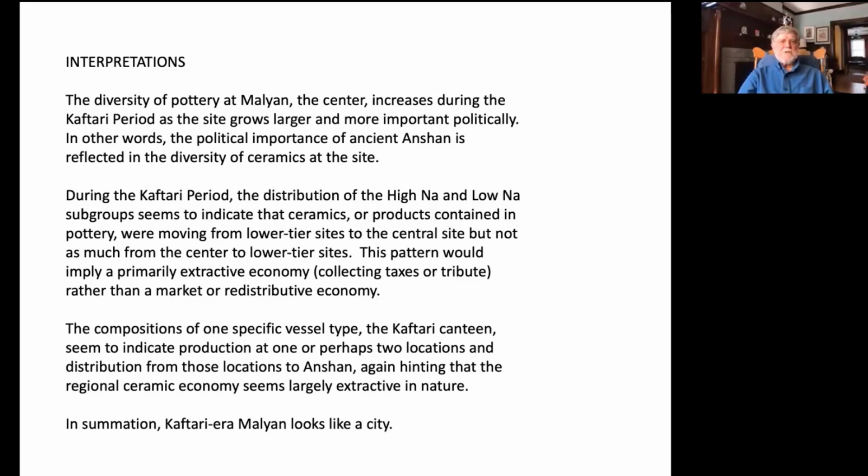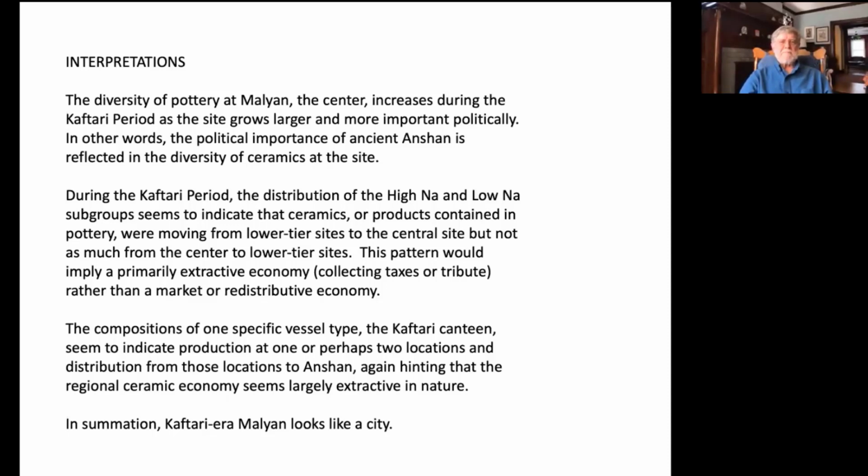The distribution of the 2 subgroups seems to indicate that ceramics were moving from lower tier sites to the central site, but not as much from the center to the lower tier sites. And to me, this pattern implies an extractive economy rather than a market type or redistributive type economy.